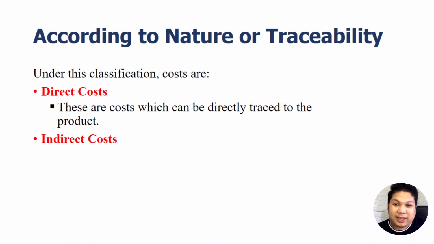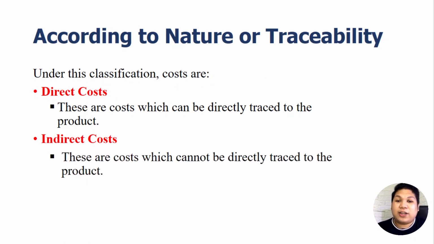On the other hand, indirect costs are the costs which cannot be directly traced to the product. These are costs which we know are needed to produce the product, but we cannot directly see in which part of the product these costs are. For example, in a food or restaurant business, we know that they need fire, oil, electricity, and fuel.